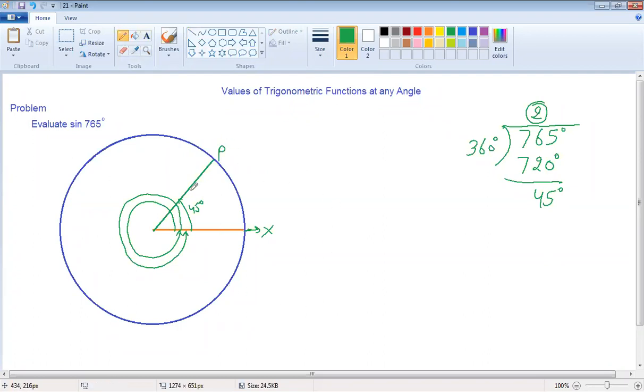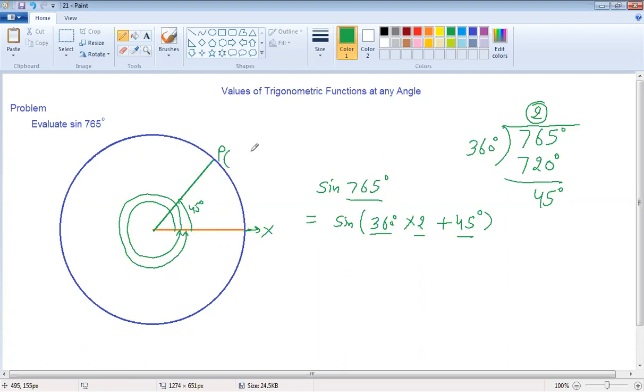According to this concept, we write sine of 765 degree is equal to sine of 360 degree multiplied by 2 plus 45. That means the same concept: dividend is equal to divisor into quotient plus remainder. What do you think sine of 765 degree will be equal to?